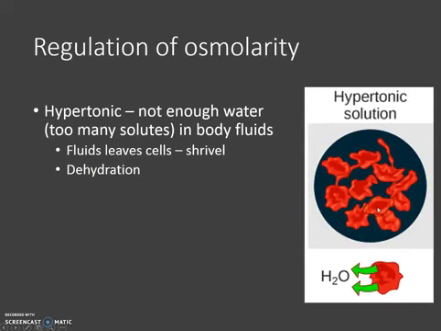So that water is going to leave the cells because it's going to try to even out those concentrations. But in doing so, you can see the red blood cells here have shriveled. And shriveled red blood cells don't function properly. So if you become too dehydrated to the point where your red blood cells can't transport oxygen efficiently, it can kill you.